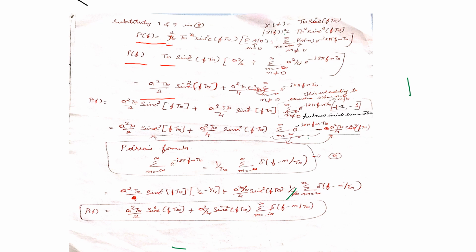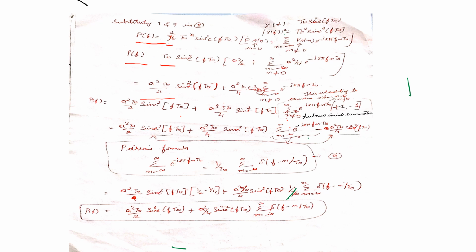So now P(f) is A squared T_b by 2 sinc squared f T_b plus A squared T_b by 4 sinc squared f T_b, and here we note that n is minus infinity to plus infinity. The condition is applicable when n is not equal to 0.